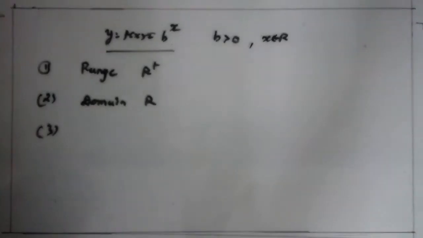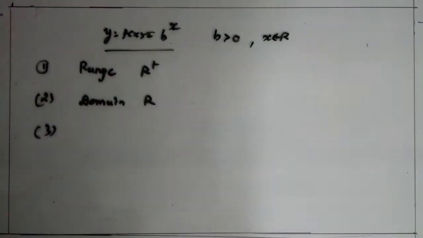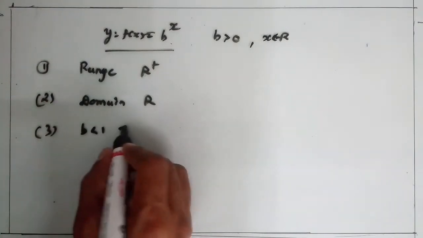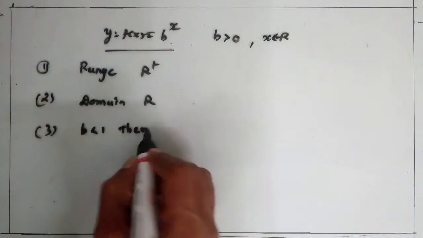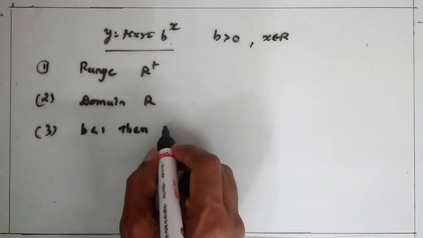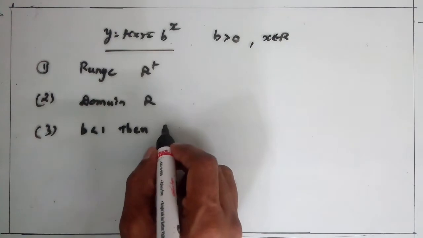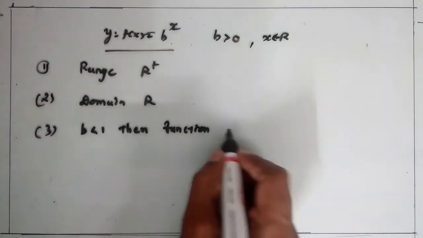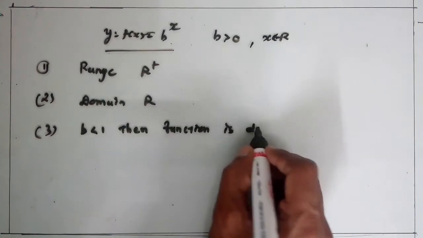Now the third property: if b is less than 1, then the function y = b^x is a decreasing function.